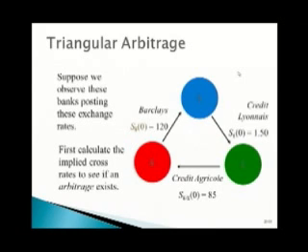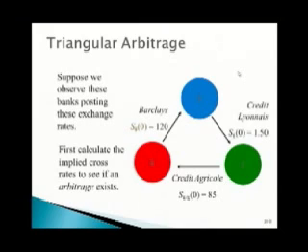We have Barclays willing to exchange $1 for 120 yen, Credit Lyonnais willing to change $1.50 for a pound, and Credit Agricole willing to change 85 yen for 1 pound.